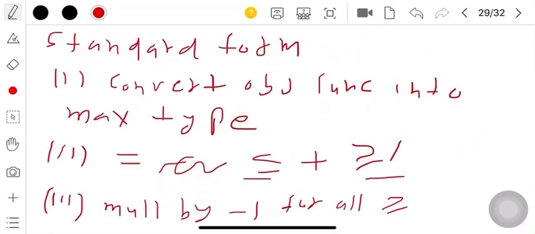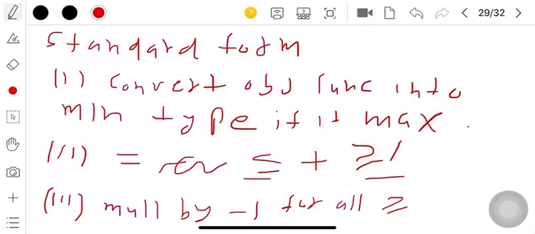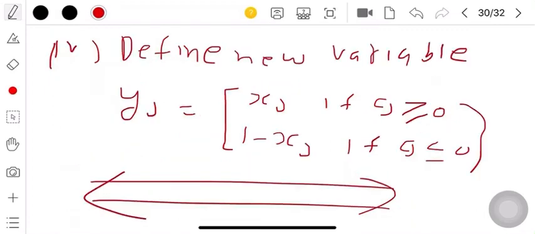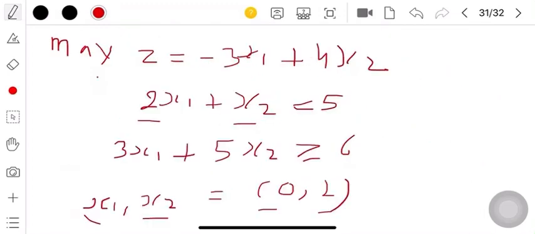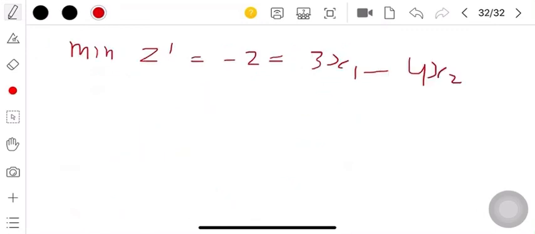I'm sorry, I defined one thing wrong, so let me correct it. If it is of maximization type, we have to convert the objective function into the minimization type. Okay, I have corrected that. Here the function was of maximization type, that's why we converted it into minimization type by multiplying it by -1.